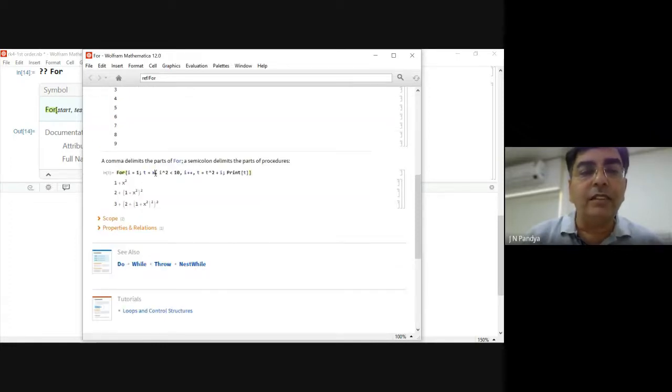Now you can see even the second case, but what is important is syntax. See here you are having a semicolon, then some other thing here, and then again you are having a comma. As far as Mathematica is concerned, you have to be very careful about semicolon and comma. This is a typical basic error that people have in writing any code.